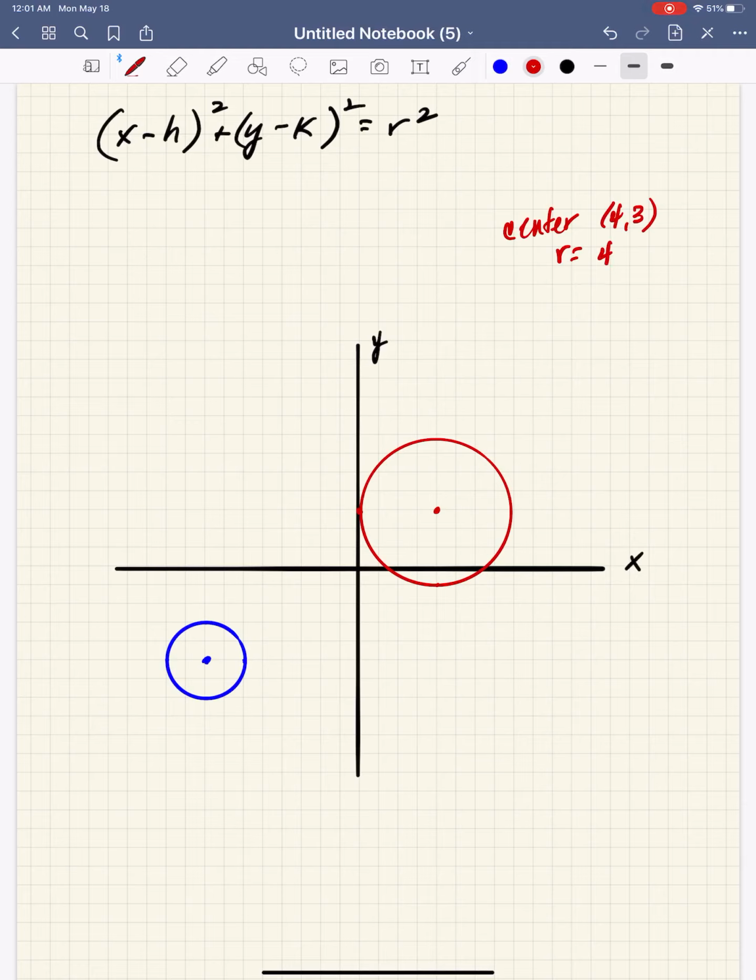Now we're going to substitute in the numbers. Again, write the formula out: (x minus h) squared plus (y minus k) squared equals the radius squared.